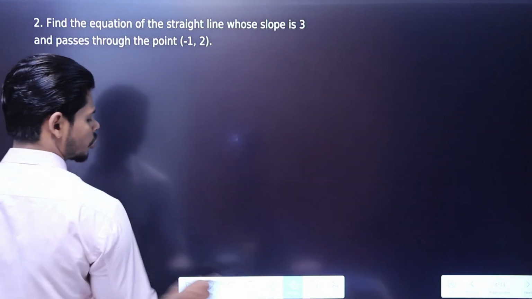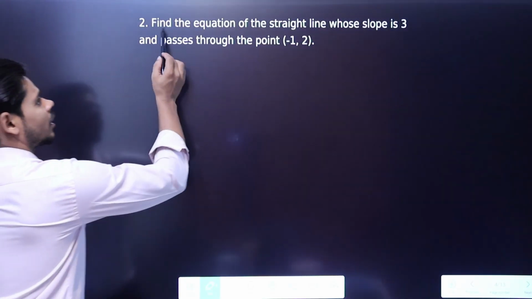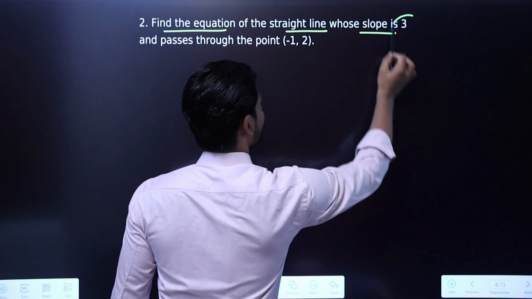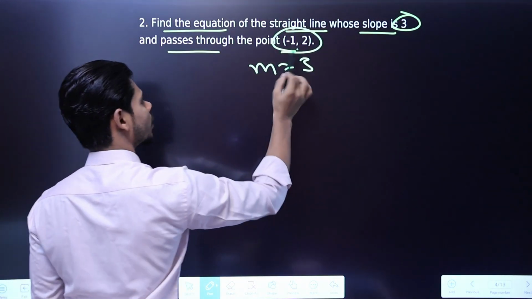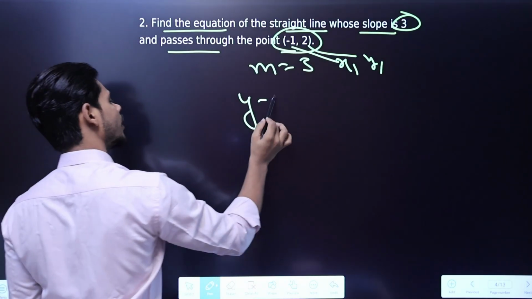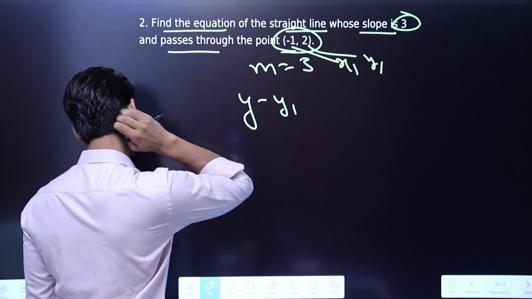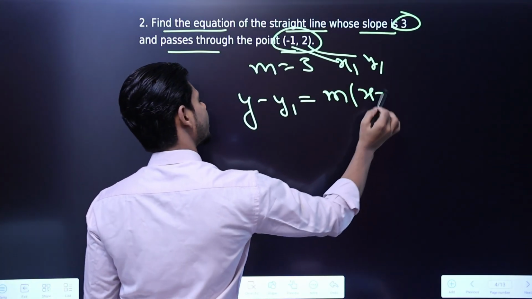Now the next question is like this. We have to find the equation of a straight line whose slope is 3, so m is equal to 3, and passes through this point. Again this is x1 and this is y1. So again we write y minus y1 is equal to m times x minus x1.